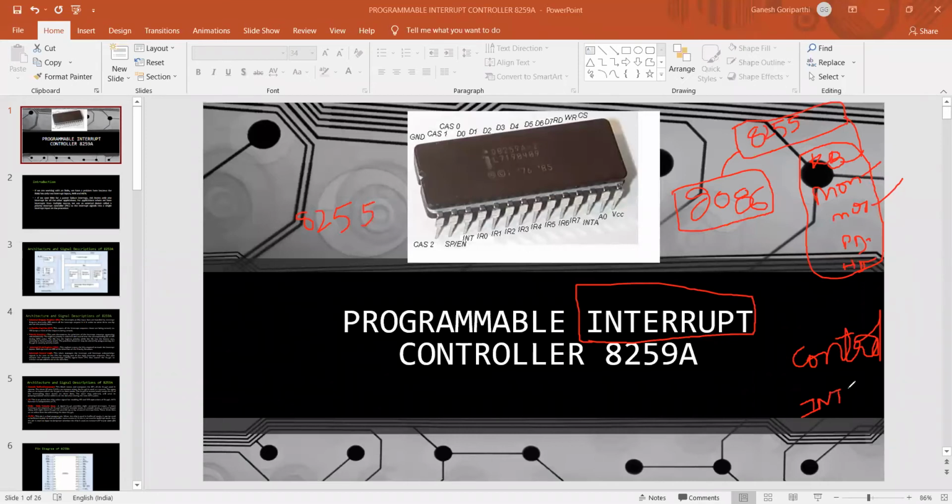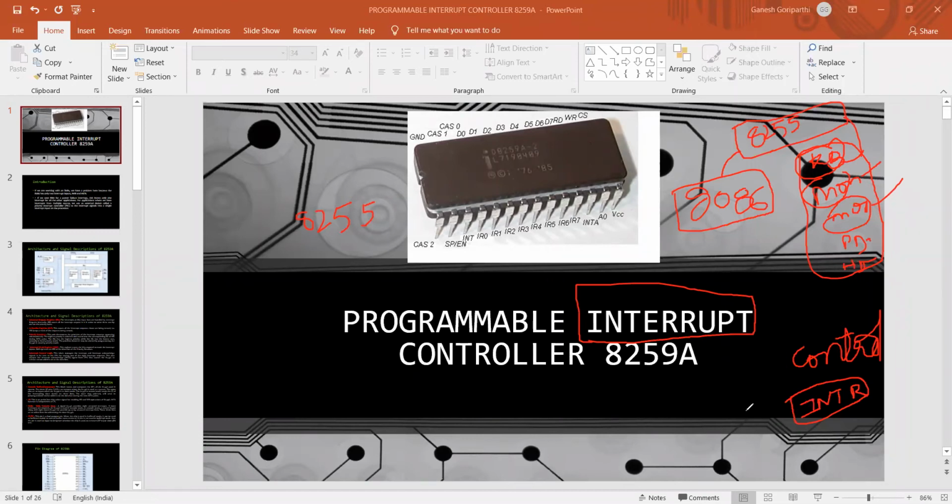What is the importance of this INTR? Each of these peripheral devices, like keyboard, monitor, mouse, or any other input-output peripheral device connected to the 8086 through the 8255, sends this interrupt signal.